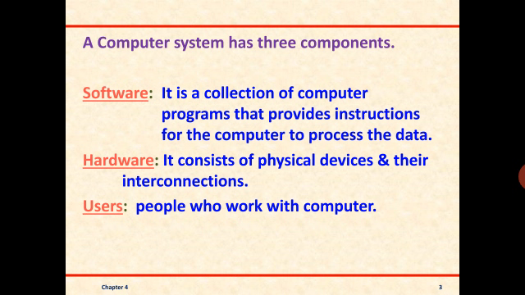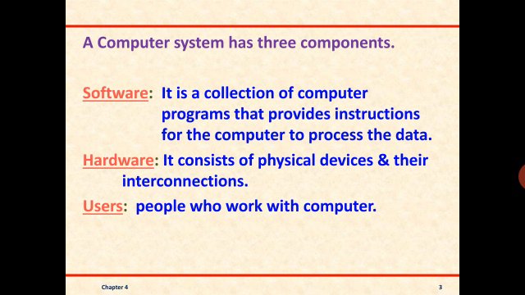Then comes the software part. Computer software means what? It is a collection of computer programs that gives instructions to the computer to process the data.